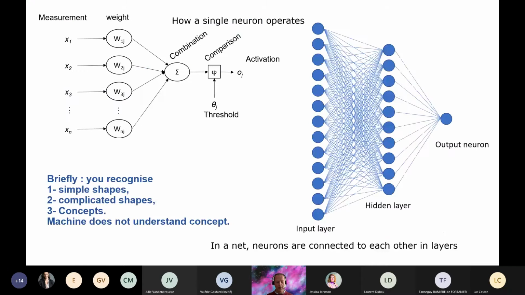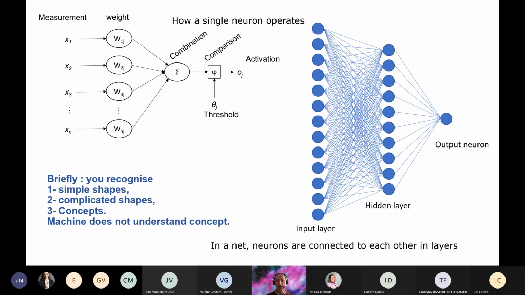On this picture, we have neurons, how neurons operate. So let's say that a neuron is sort of like a little computer, a mini computer. You give the data and each artificial neuron checks some of the features of the picture. It usually works with pictures.